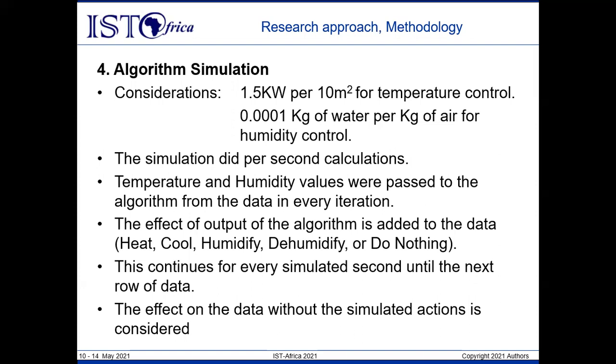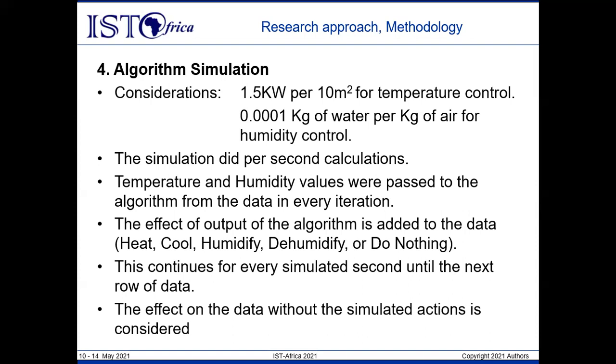And when we are humidifying or dehumidifying, we were either adding or removing 0.001 kgs of water per kg of air. And this simulation was doing per second calculations. But the data which was used for this simulation, which was collected from a room, was collected every 15 seconds, even though the simulation was doing per second calculations.